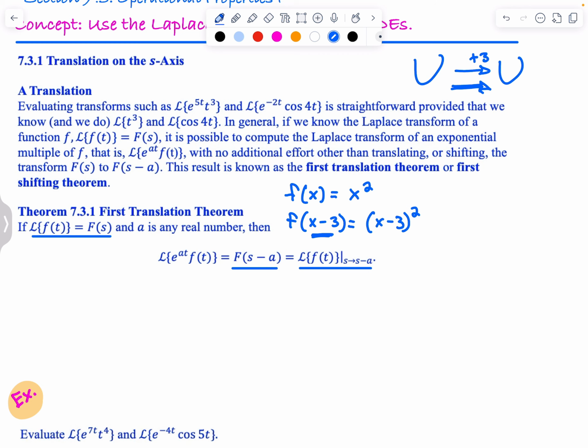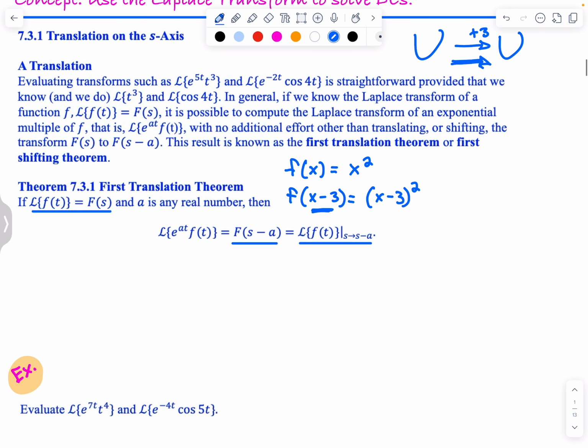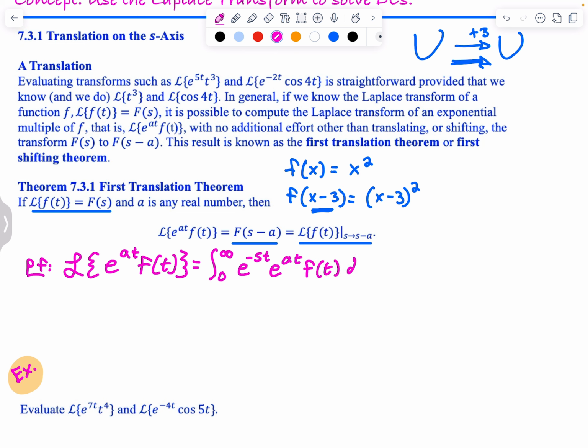Let's go ahead and prove this idea just mathematically, and then maybe we could talk more about this last equality here and what it means. So we're going to prove this, just a real sloppy proof, nothing real formal. So we'll just say Laplace of e to the at f of t equals, this is just the definition, integral from 0 to infinity of e to the negative st, e to the at, f of t, dt.